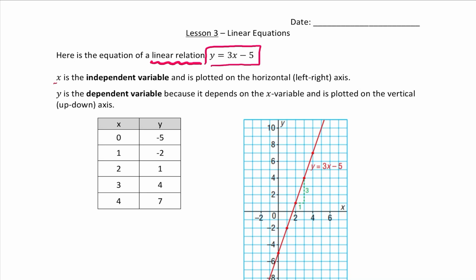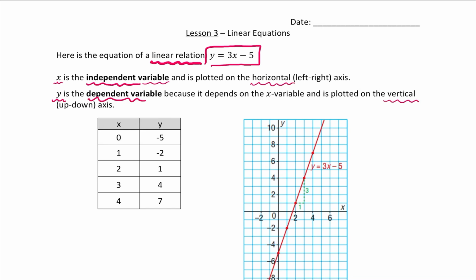So x is always our independent variable, and it always goes on the horizontal axis. Y is our dependent variable, and it always goes on the vertical axis, the up-down axis. Y is dependent because the value we get for y will depend on what x is.